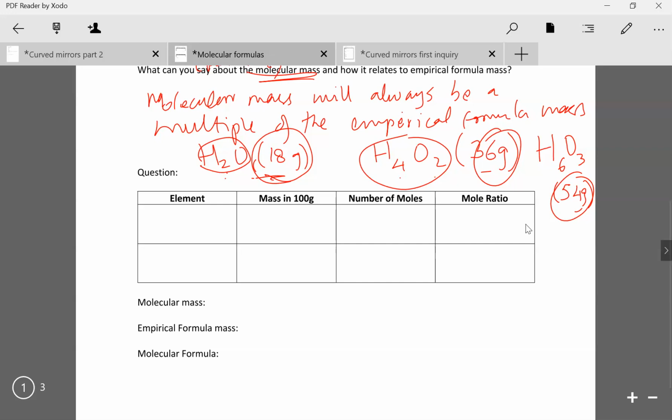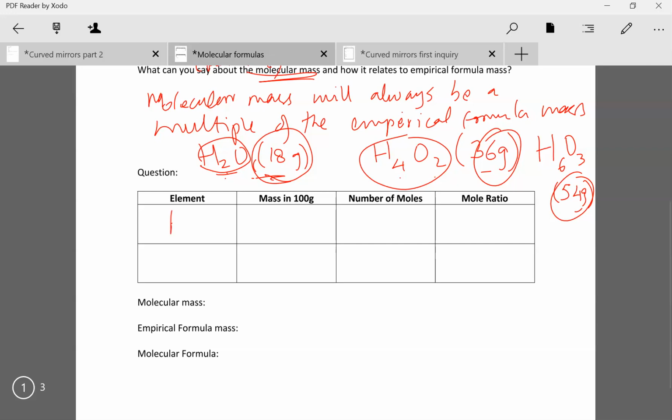We do the same empirical formula calculation as before. So for example, if we just take the formula of water, we have oxygen and hydrogen. The mass in 100 grams would be 88.8. This would be 11.2. Actually, we're going to change up our example because we already talked about H2O.